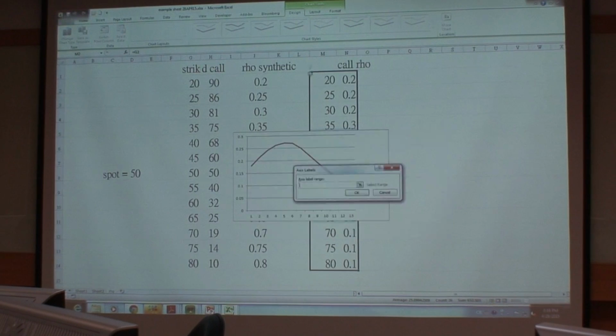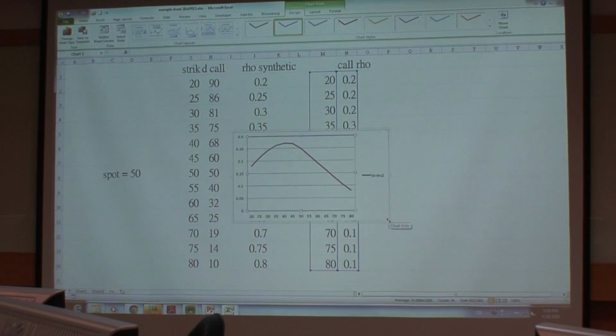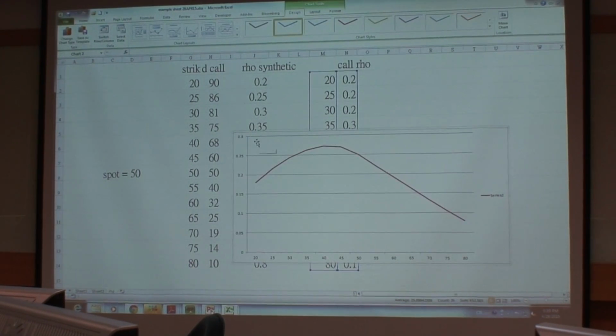Remove, edit, plus. Here we go. So here's my chart, and you can clearly see that 50 is my at the money strike, and already the maximum row of my option is slightly before that.